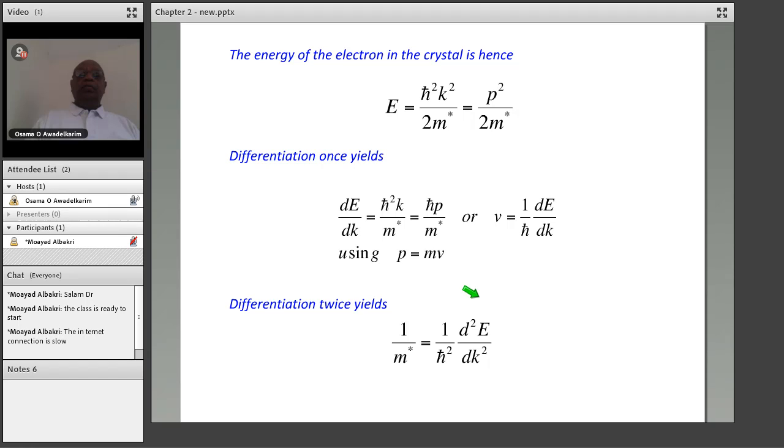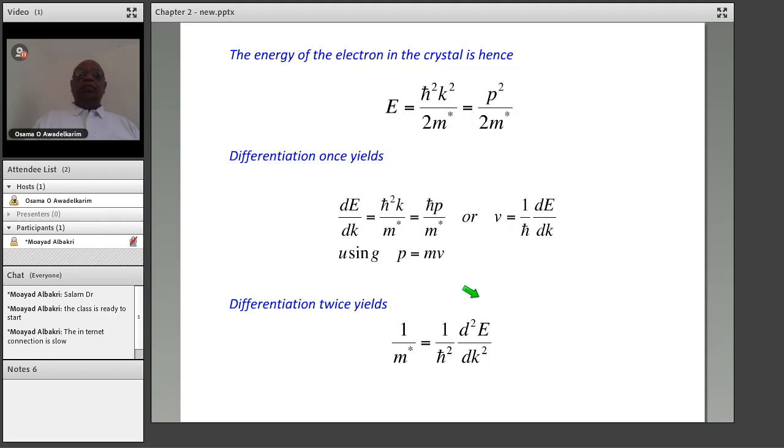If I take any one of you and put you inside an oil tank, immersed in oil, you will feel a different mass. And if you're put in a different liquid, you'll feel a different mass. So depending on the liquid, the environment, the internal forces, there is a different mass that you feel, which we will call the effective mass.